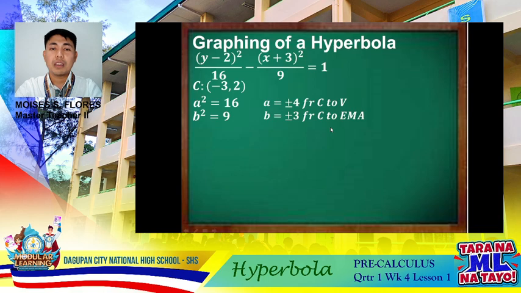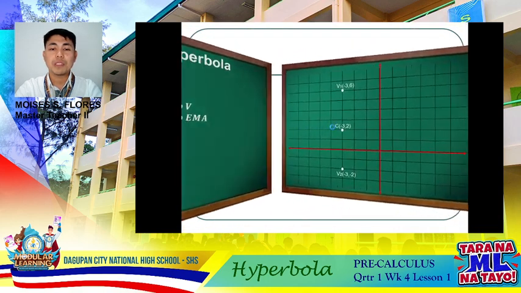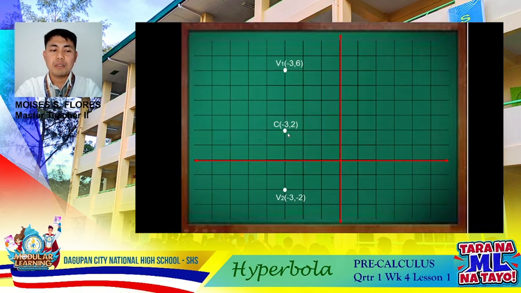Parallel to the x-axis. So from the center, what? We are going to count 3 units to the right. So 1, 2, 3. There you have our coordinate also. And then, of course, 3 units to the left. 1, 2, 3. There you have it. And of course, our coordinates negative 6, 2.